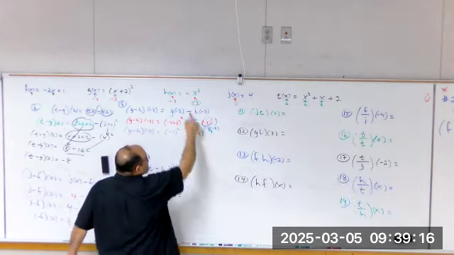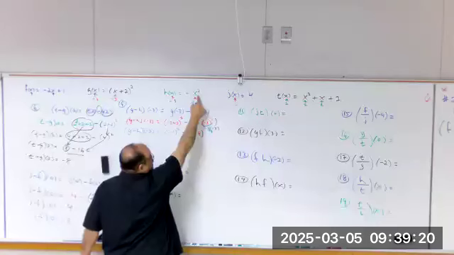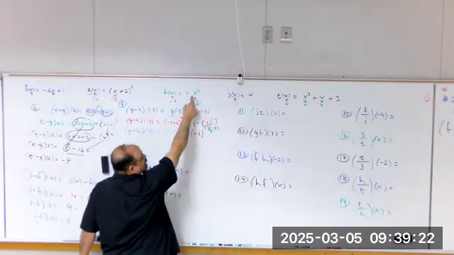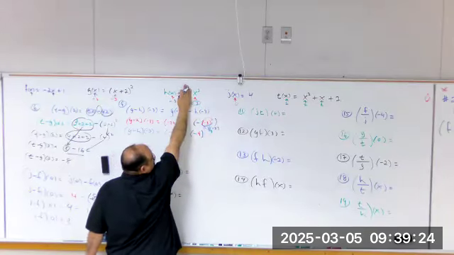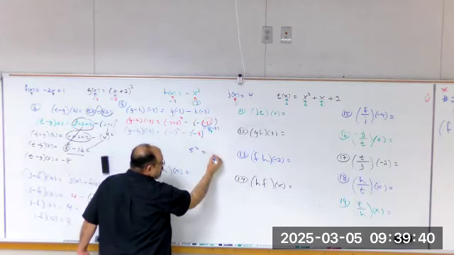Got to remember, this means the opposite of x squared. When you square something, it's always going to be what? If I square a number, what's 5 squared? 25.